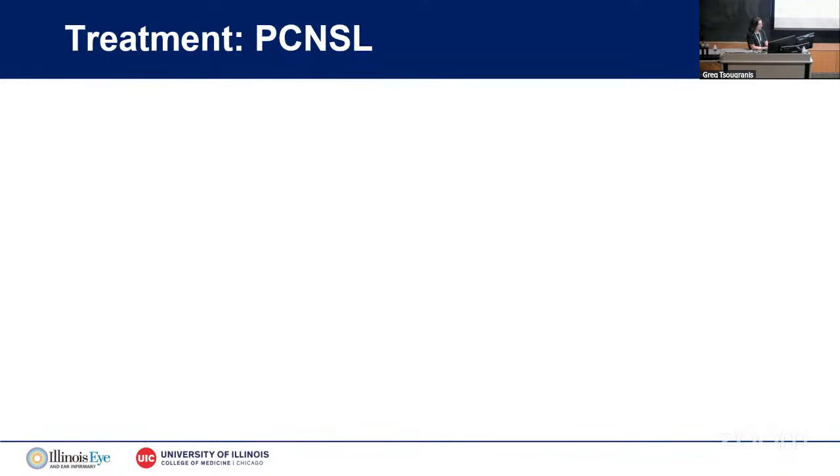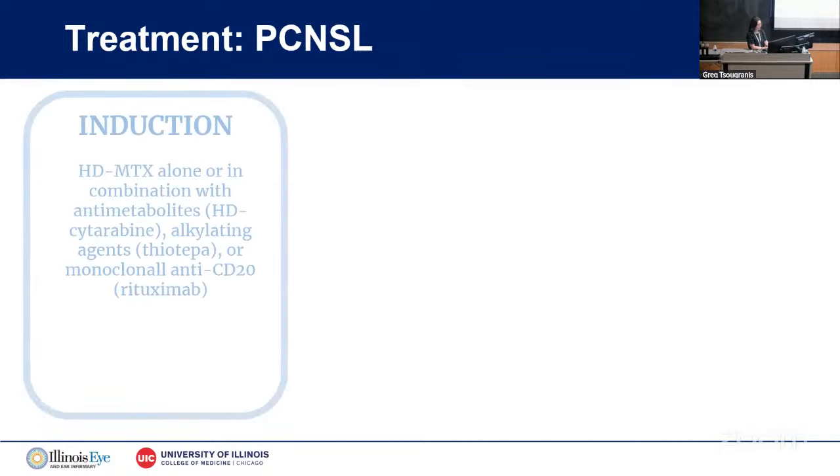Treatment approaches. Treatment of primary CNS lymphoma is a little more accepted, and there's better evidence to support the best treatment. First, we have the induction phase, typically done with high-dose methotrexate alone. Newer studies show some benefit of doing it in combination with other agents, although with higher reported side effects, as you'd expect.